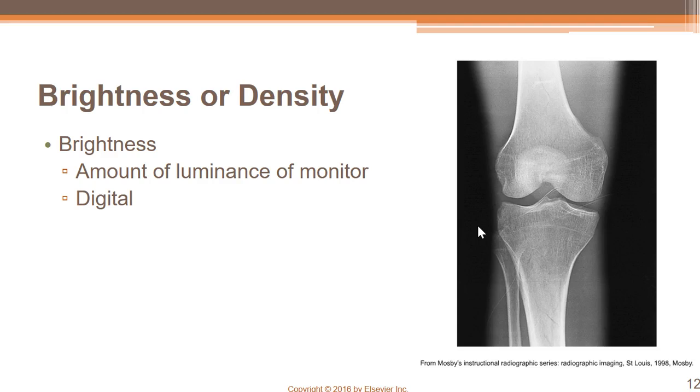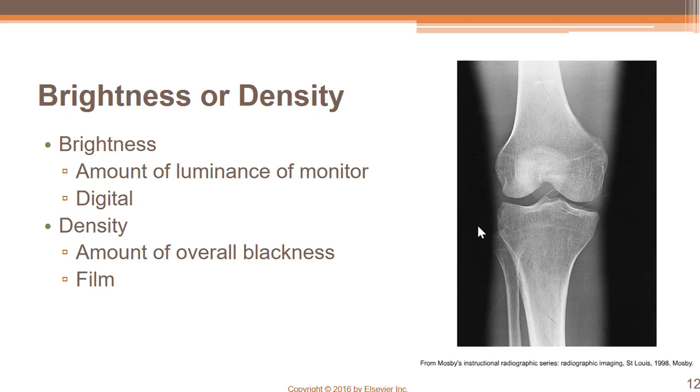Brightness and density actually refer to the same quality attribute, but are defined differently. Brightness is the amount of luminance of your monitor, and density is the amount of overall blackness on the processed image on a piece of film. So these two things mean the same.